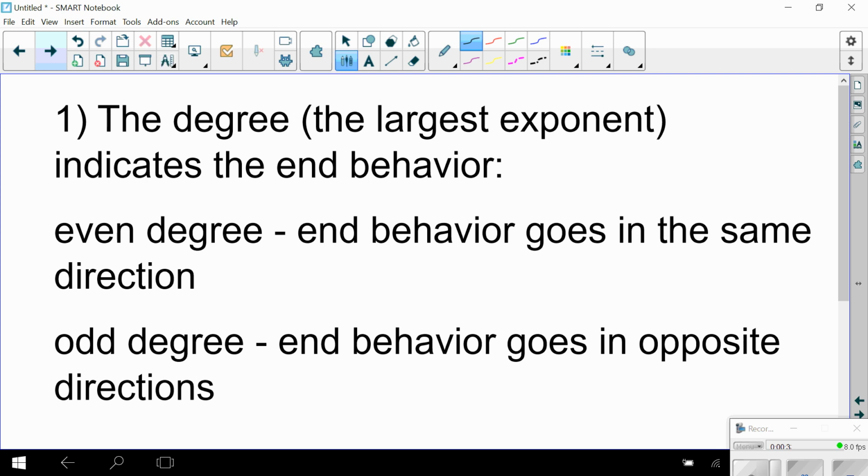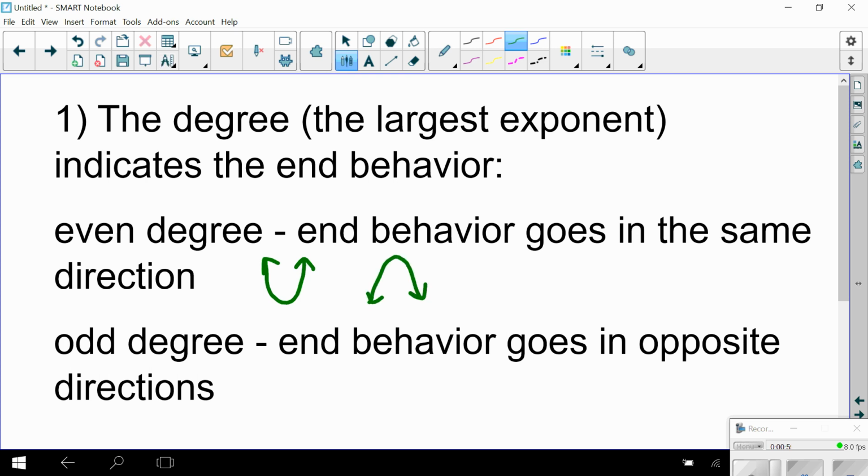The degree, which is the largest exponent in the function, indicates the end behavior. So if you have an even degree, your end behavior is going to go in the same direction. For instance, if my degree was 2, 4, 6, 8, 10, my end behavior is going to go in the same direction.